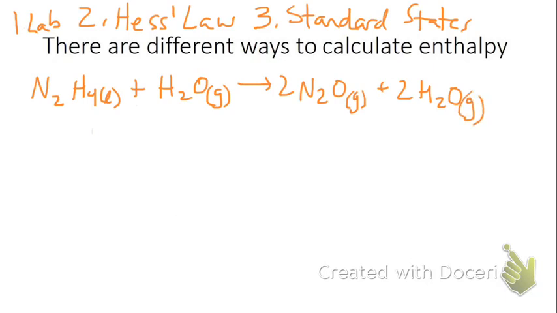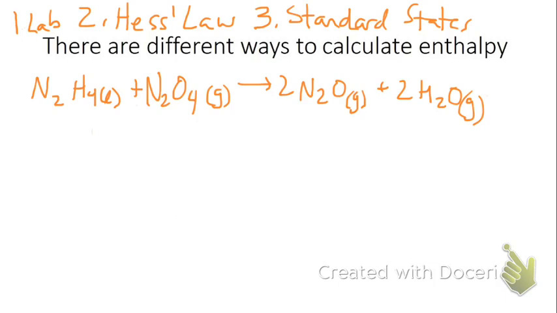And actually, if I could read my own handwriting, this is number 85 in your book, and it's N2O4 gas. It makes no sense why you would put H2O gas in the reactants and get H2O gas in the products. So you have N2H4 plus N2O4 gives you N2O plus H2O. This is a balanced equation. We need a balanced equation for this.